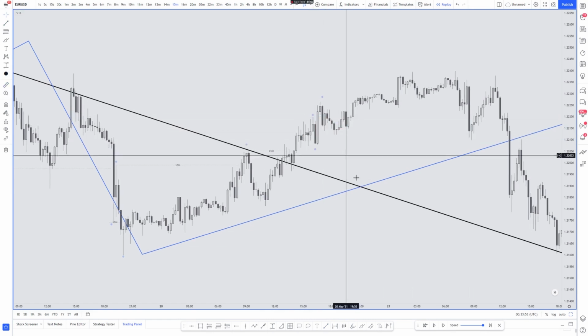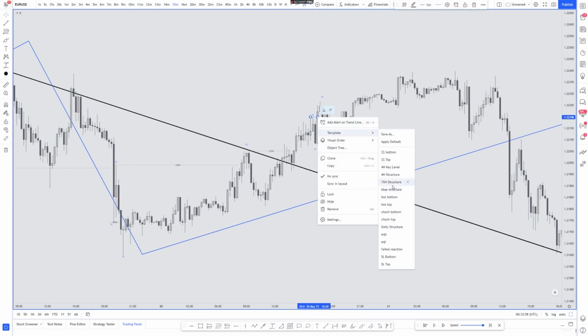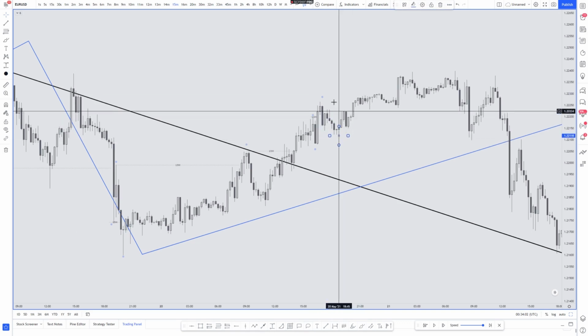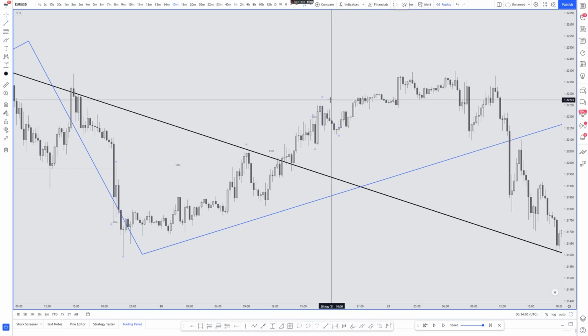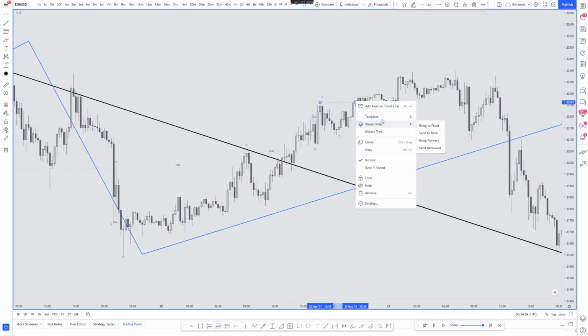So as this high goes, we have another structure point. And we have a pullback. And here we've once again created a new bullish structure.